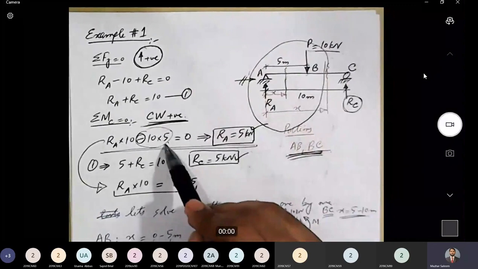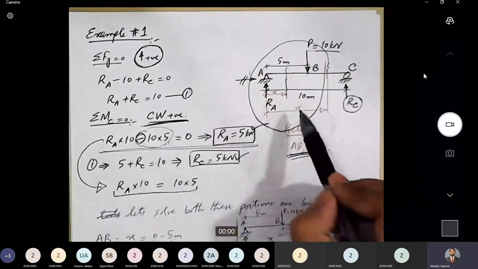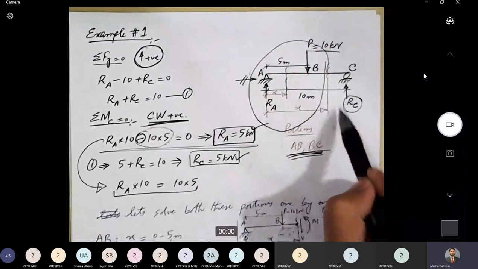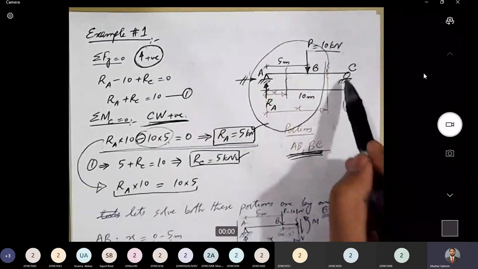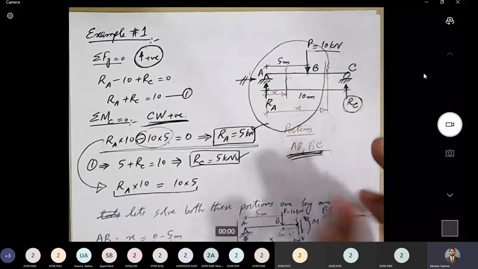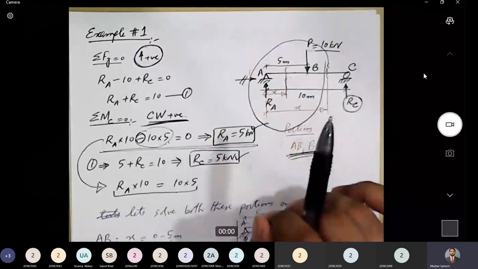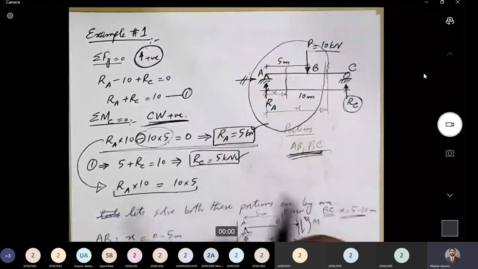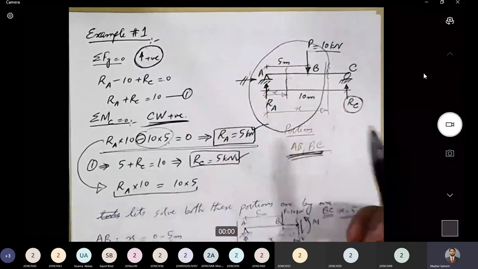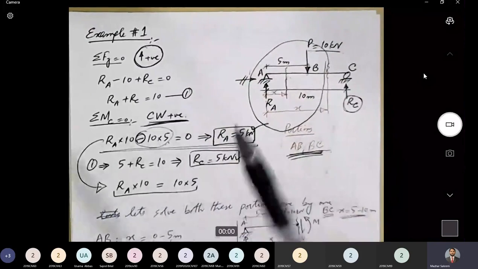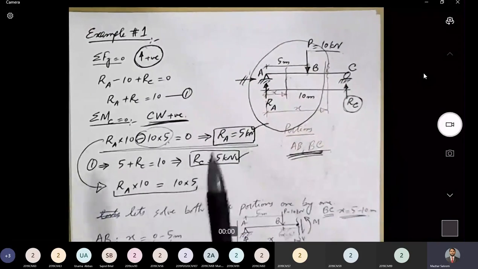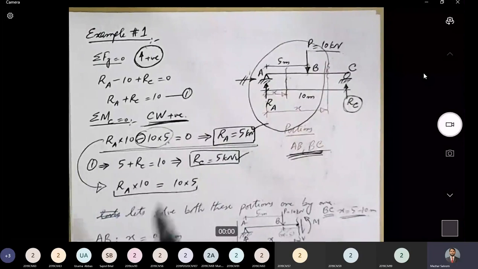So 10 into 5. Is there any other force present in the system? There is a third force, Rc, but Rc is passing through point C. So the lever arm for Rc with respect to point C is equal to 0. Therefore, it will not produce any moment about point C. We already know this from our basic mechanics that if any force passes through a point, it cannot produce any moment about that point.